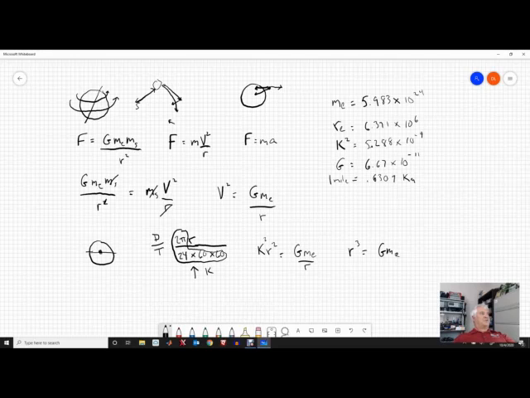It has to be, because this substitutes for v squared. The velocity is rk, so velocity squared would be k squared r squared. Then we simplify this equation, and now we get the k squared term down here, which is very important for a correct result.